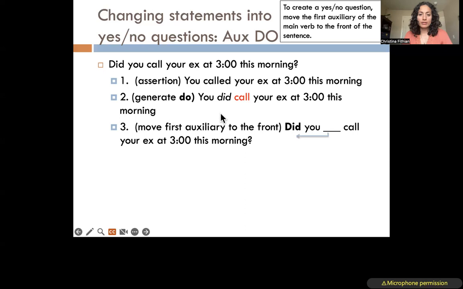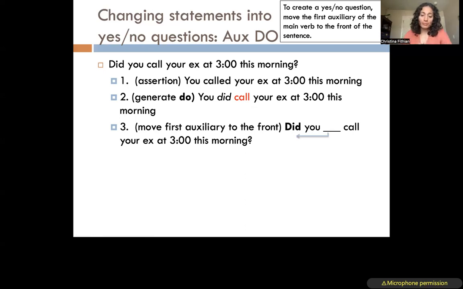Now I want you to notice this. Notice where the tense is. Now it becomes "did", and "call" changes to, if you remember correctly, the infinitival form. That's what we would expect. After auxiliary do, any verb after is going to be an infinitival form, and so there's no -ed on the end. So we get, "You did call your ex at 3 o'clock this morning."